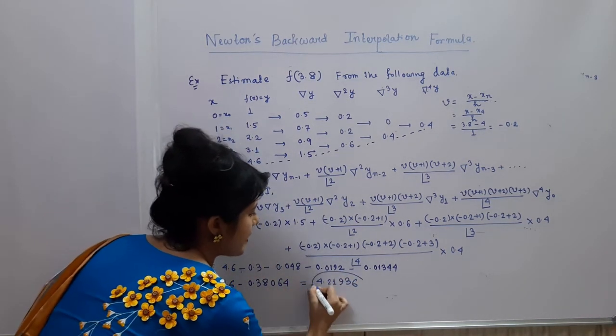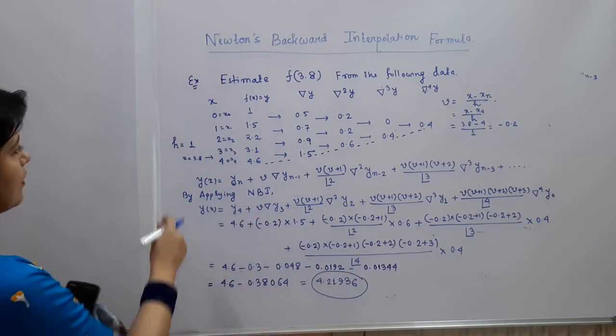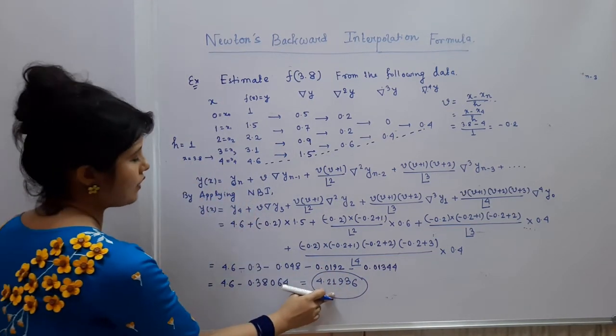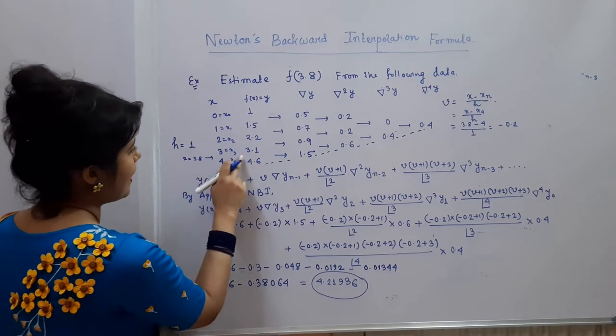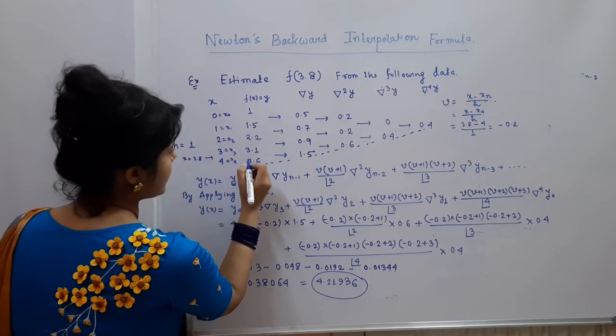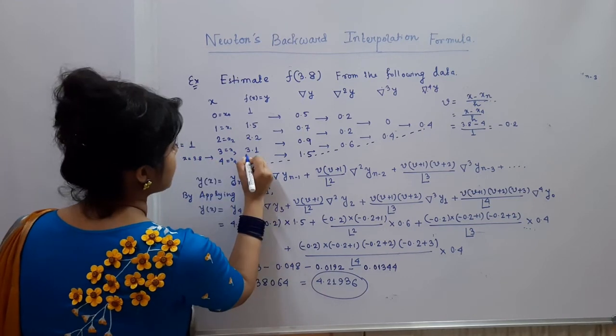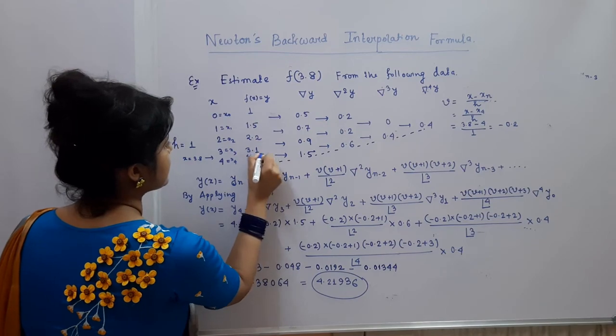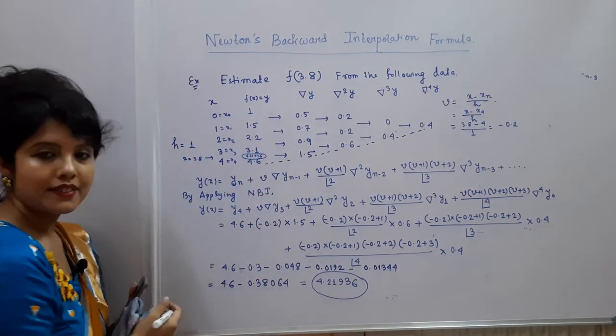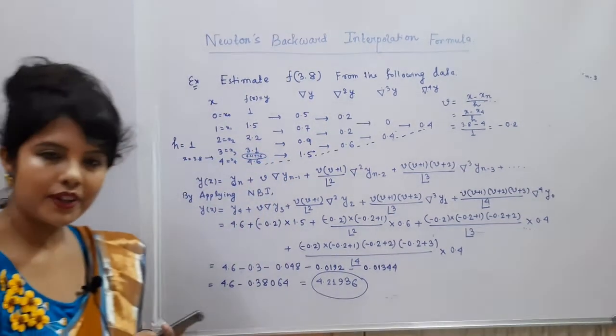So this is the value of y corresponding to x equal to 3.8, and clearly you can notice that this value, that is 4.21936, is in between 3.1 to 4.6.